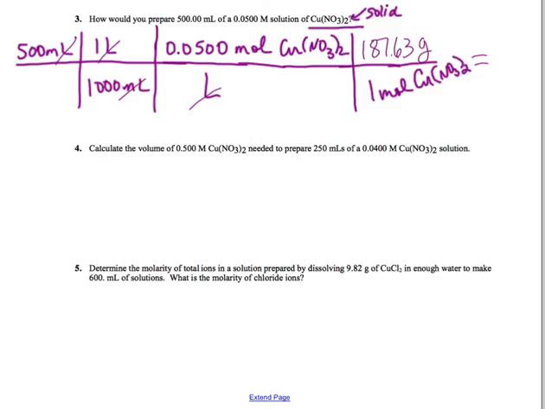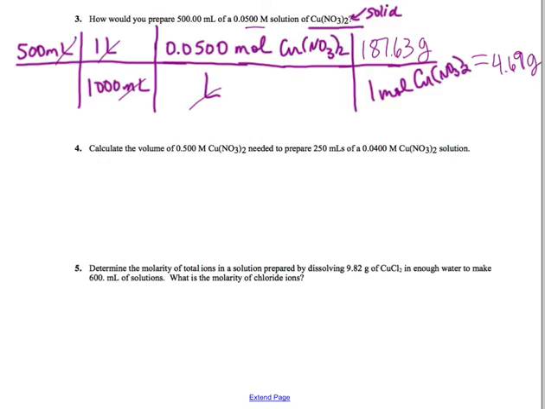All right. So when I multiply all of that out to 3 sig figs, how many grams will I need to weigh out? 4.67 grams. Is that right? 4.69 grams. I'm going to weigh out 4.69 grams.